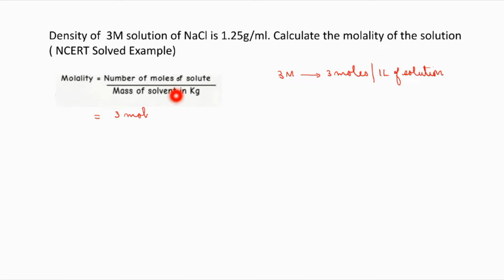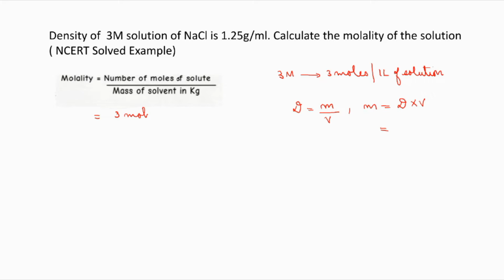Now we will have to find out the mass of the solvent. See, here we have the volume of the solution. They have given the density of the solution also. Write it. Density is equal to mass of the solution divided by volume of the solution. From this, we can find out the mass of the solution. Mass of the solution will be equal to density into volume. Substitute the value.